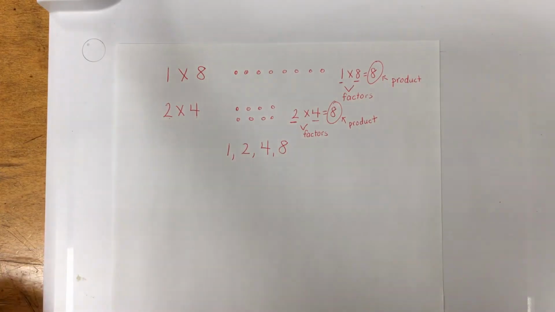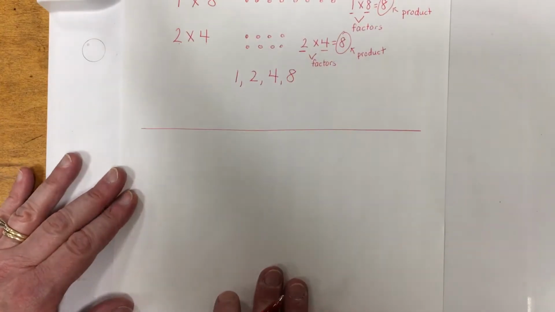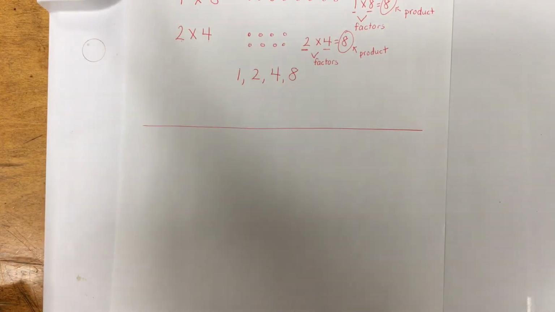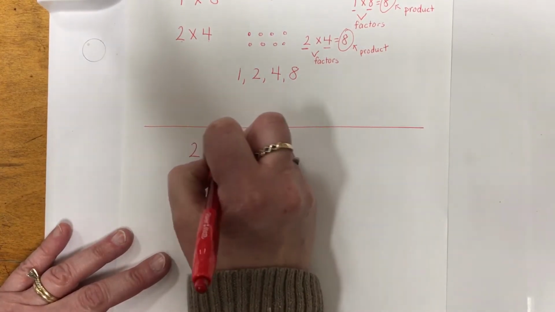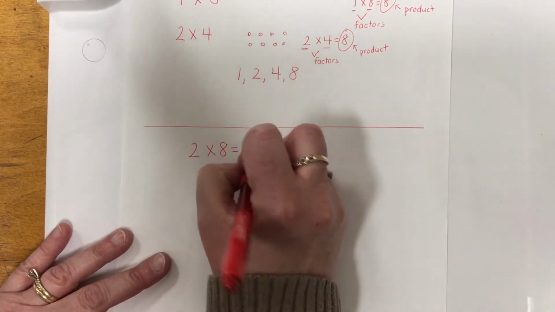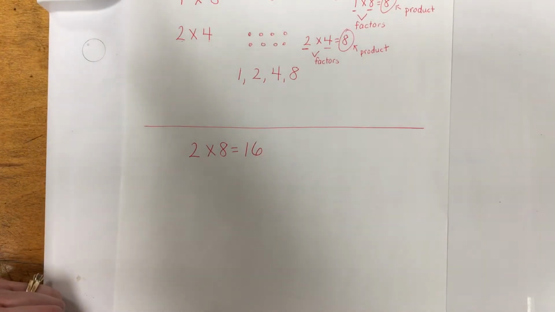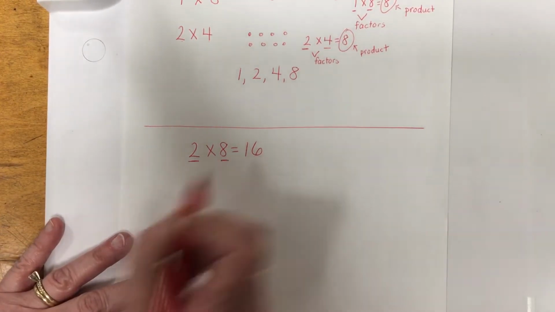All right, let's go down to the next problem. Now we're going to identify factors to define prime and composite numbers. Let's write the number sentence. 2 times 8 equals 16. If I asked you what are the factors, you would tell me 2 and 8.